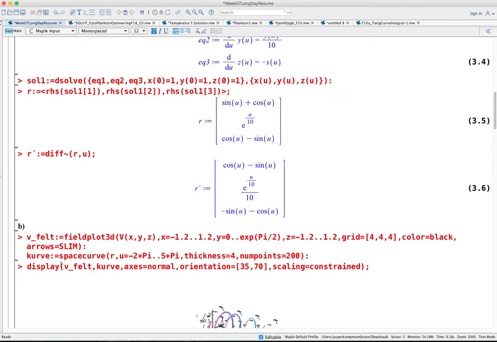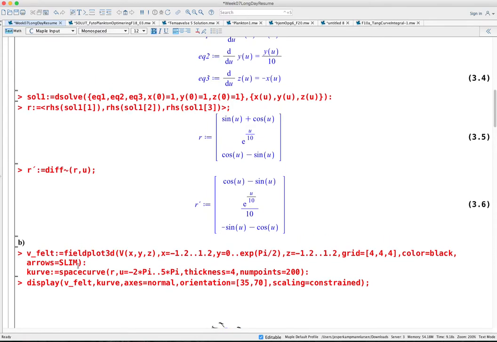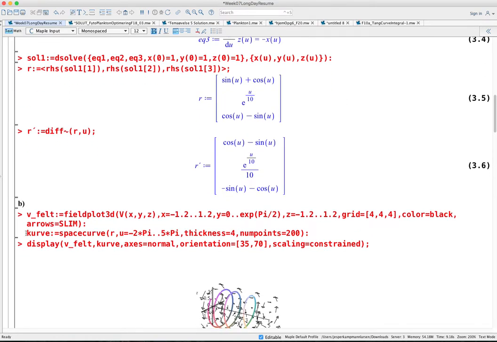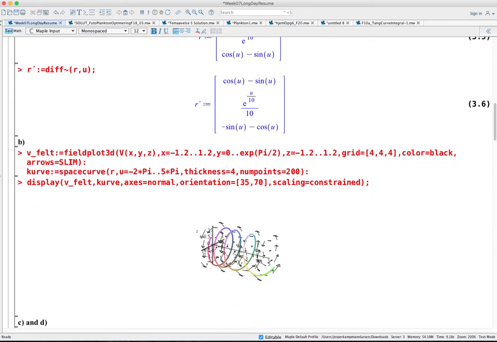Also I can depict my solution to the flow field, that is the flow curve that passes through 1, 1, 1, by using spacecurve, and then I can display the two.